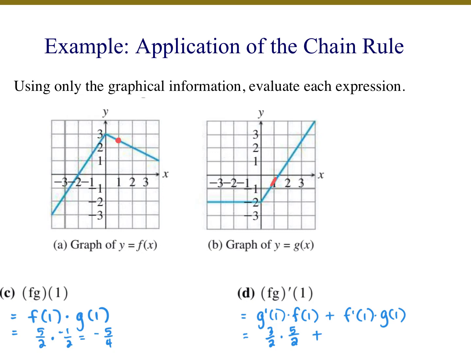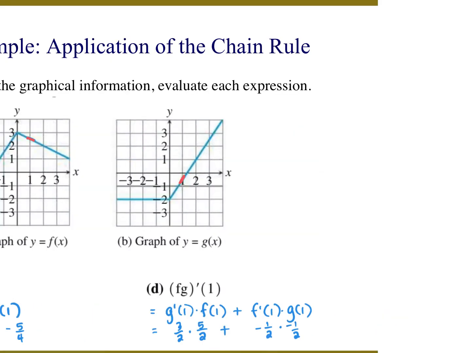And then we're going to add to that f prime at 1. So at that same spot over here, now we're looking for the slope value right here. And if you look at that slope, that's down 1 and over 2, so that would have a slope value of negative 1/2. And then our g of 1 value is also negative 1/2.